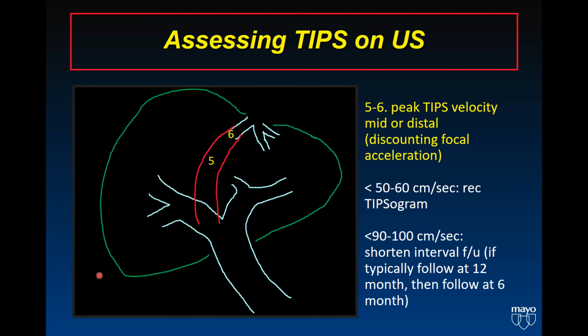So if we were doing 1-year interval follow-ups on a patient and we see that the velocity is 90 or 80, then we'll say, you know what, the next one, let's get in 6 months, not a year. Whereas if it's less than 50 to 60 centimeters per second, we'll send them to the IR suite for a tipsogram. Not that day, but within a short period of time.